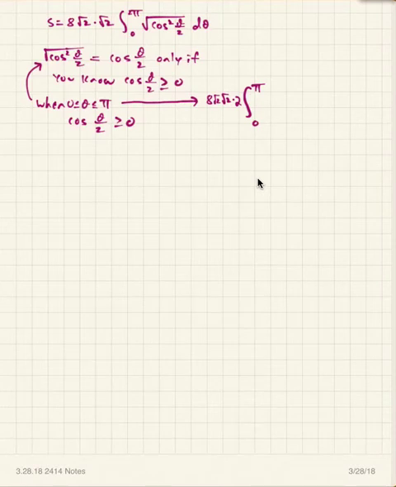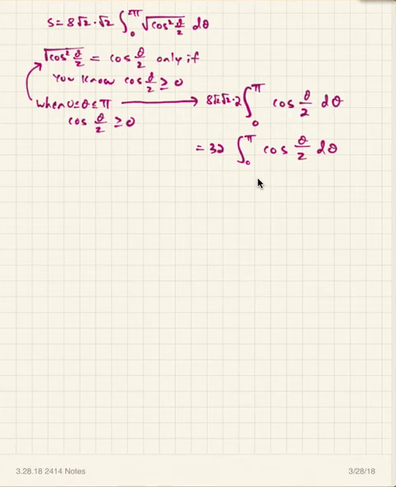Makes sense. I'm finding half the length, so I multiply by 2. And now this is just cosine of theta over 2 d theta. And we've turned it into a super easy integral. This is 32 times the integral from 0 to pi of cosine of theta over 2 d theta, like that.